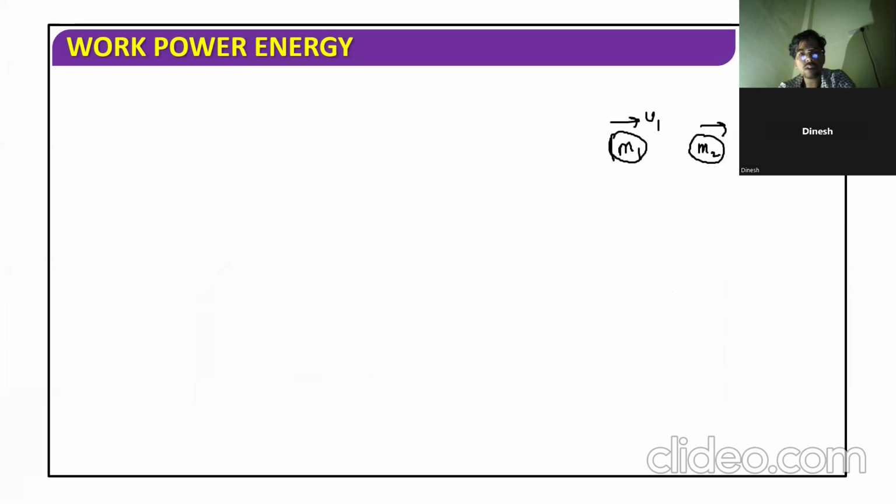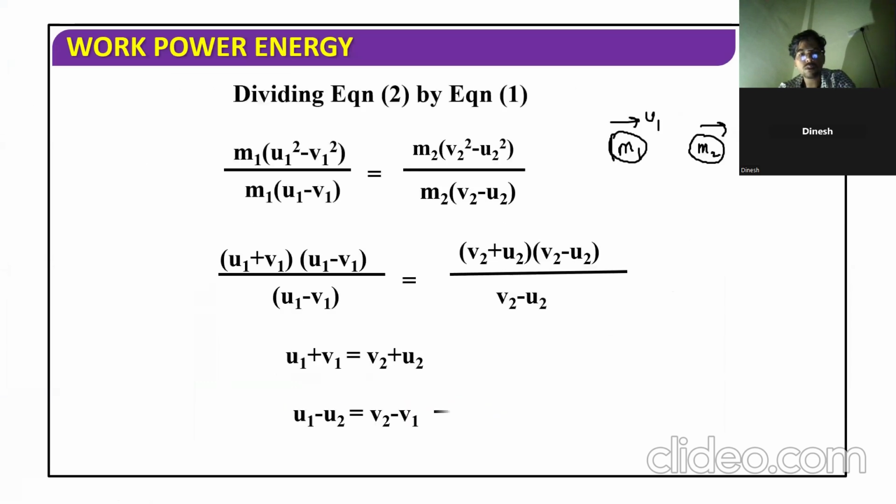What we get finally up to this: it is moving with u1 in the initial condition, u2, and after collision v1 and v2. Before collision, after collision.